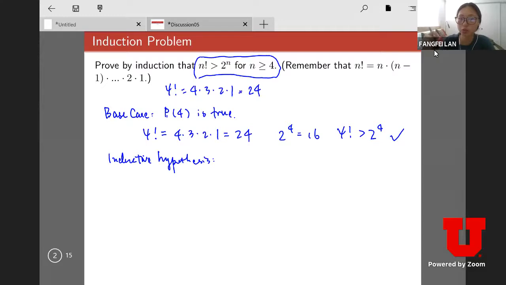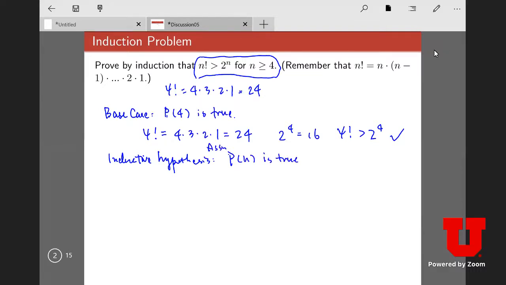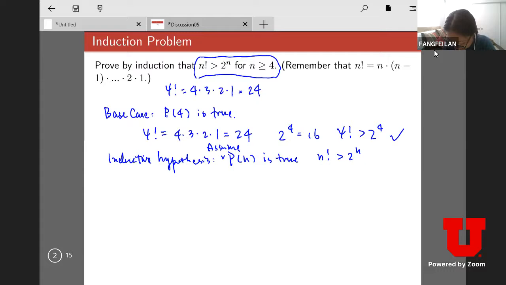What do we assume to be true for our hypothesis? P of n is true. Yes, P of n is true. So assume P of n is true. So this is what we assume. So P of n is basically the same problem statement, right? So n factorial is greater than 2 to the n for n is greater than or equal to 4.